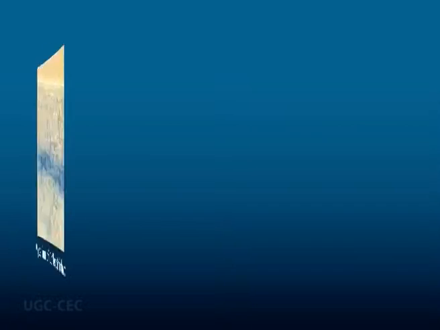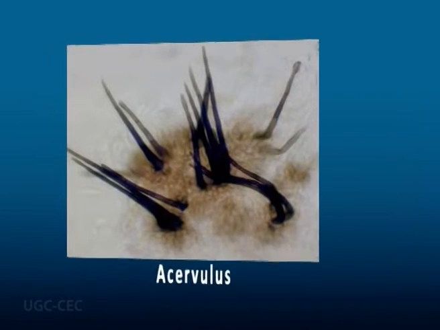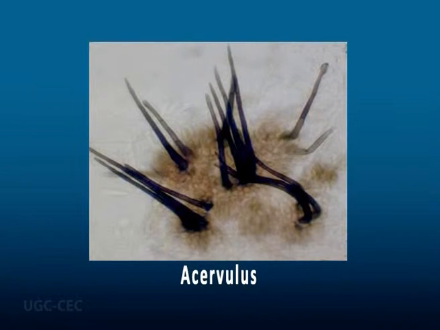The mycelium of Colletotrichum is internal and septate. It grows inter- as well as intracellularly. Conidiophores arise from the saucer-shaped structures called acervuli and give rise to conidia to continue the life cycle asexually.